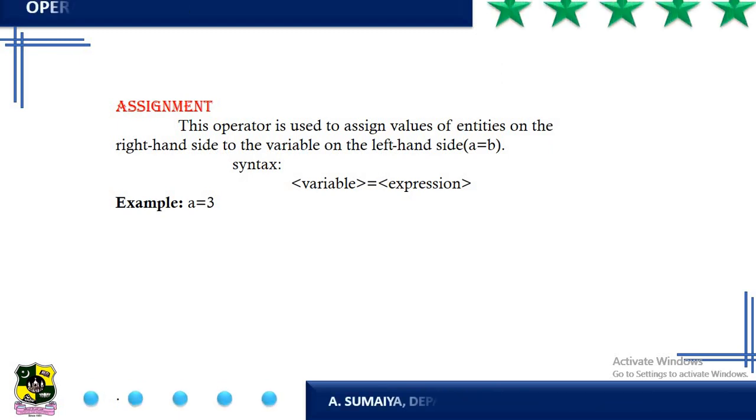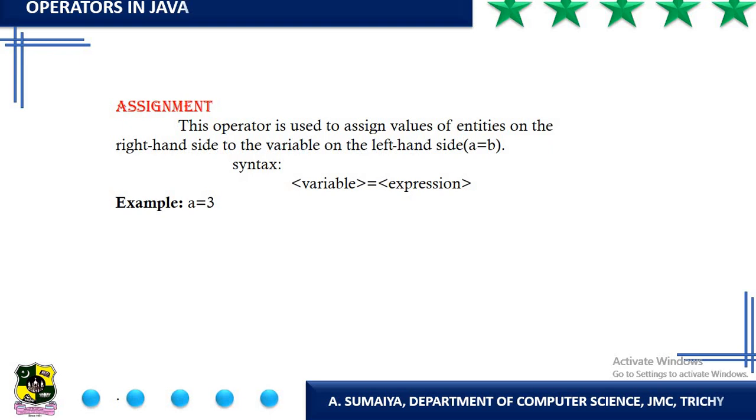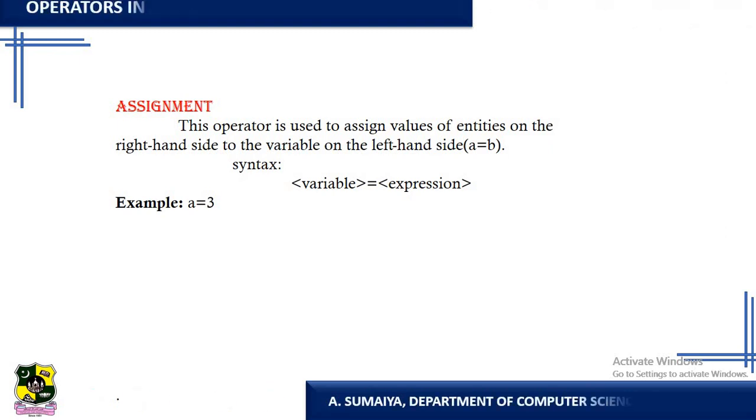Assignment of primitive data types is quite easy because primitive types hold actual values. When primitives are assigned, the contents of one variable are copied into another variable. If x equal to y for primitives, then the content of y is copied into x.